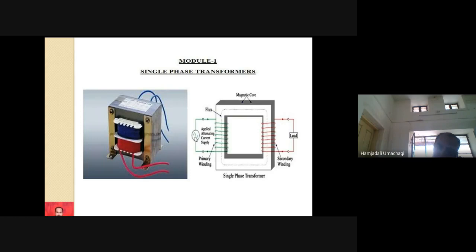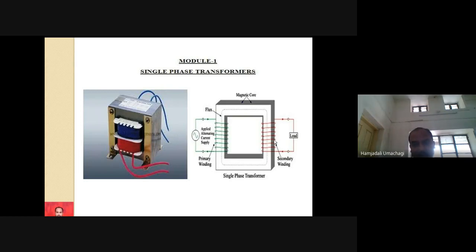So I hope you understood why we should use AC supply for the transformer input primary winding. If we give DC supply, then the frequency of the DC source is zero. If frequency is zero, there is no mutual induction, and so no flow of electricity from primary to secondary.